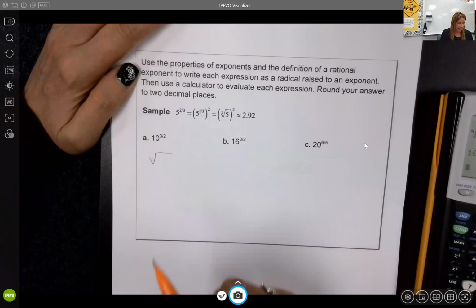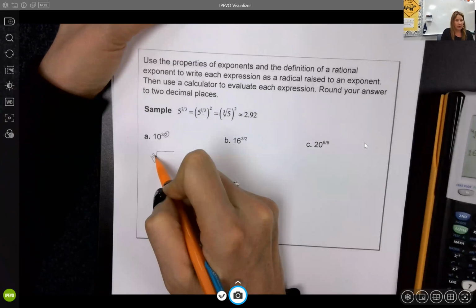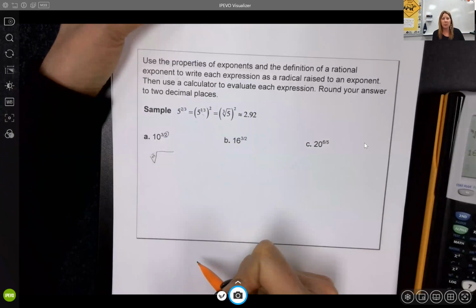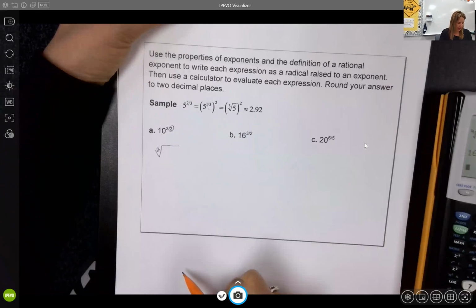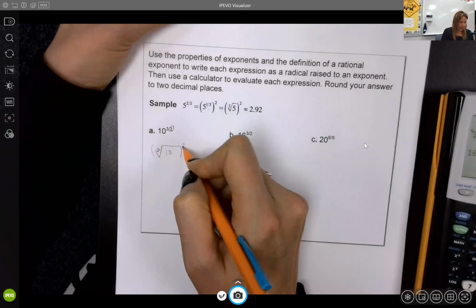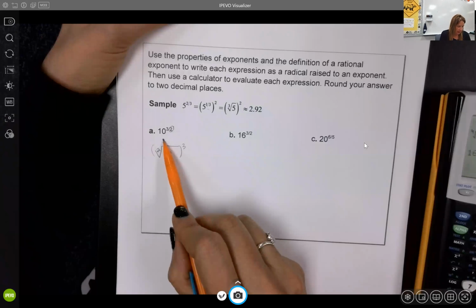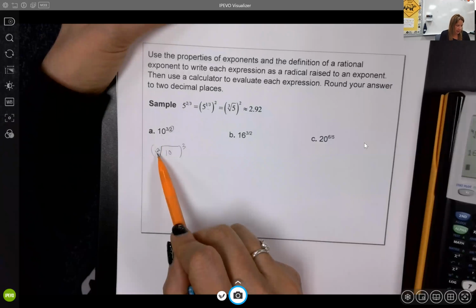The index is the denominator, so this is the index right here. That's going to become the root, and it goes in the little check mark. It's called the index. Then I'm going to have a 10, and that's going to be to the 3rd power. So 10 to the 3/2 is the square root of 10 cubed.